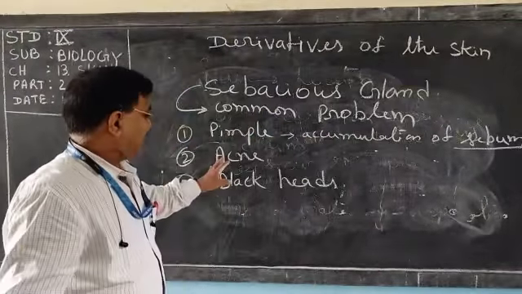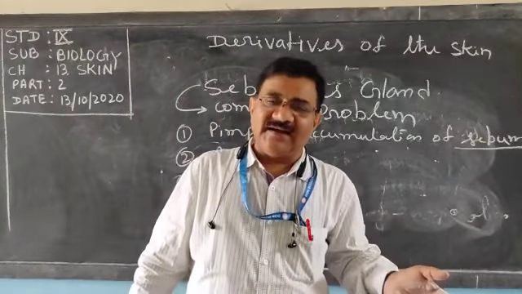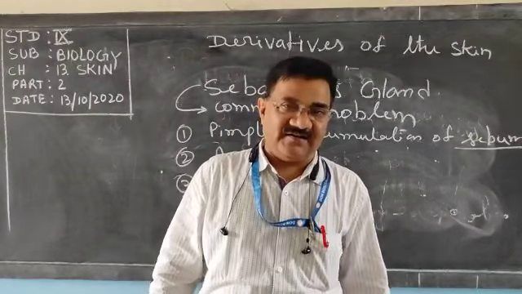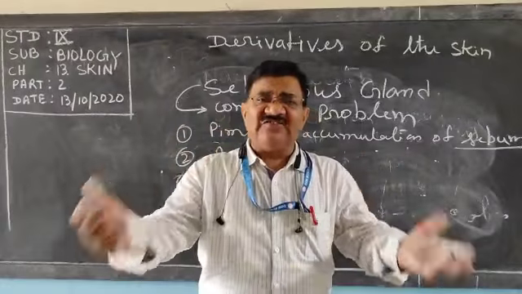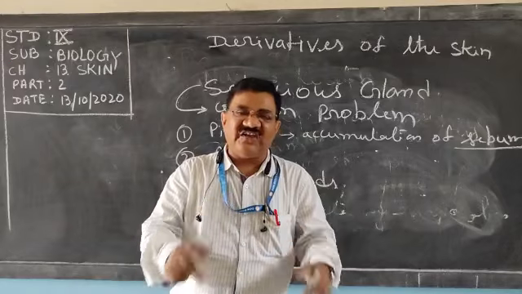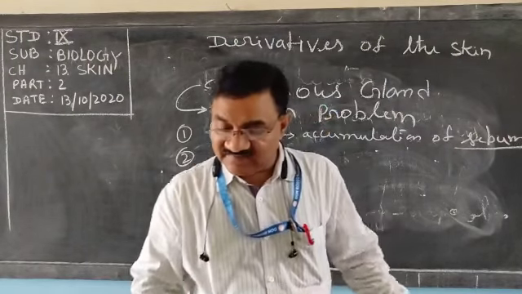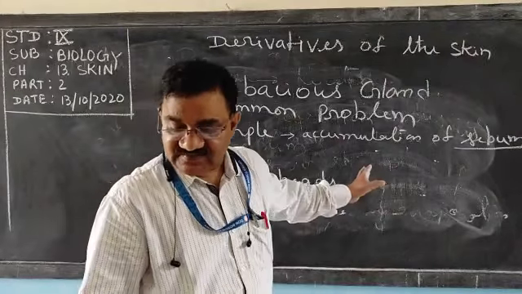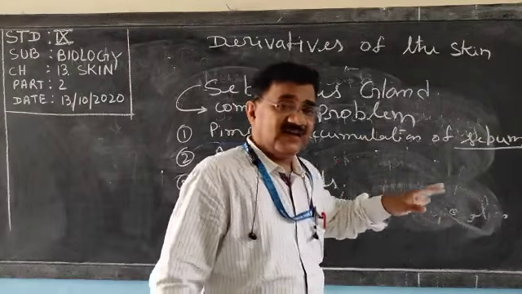Now second is acne. You are neither an adult nor a child, you are an adolescent, and many hormonal changes are taking place in your body. Due to hormonal change, acne develops on the skin. It is a common problem of adolescents.